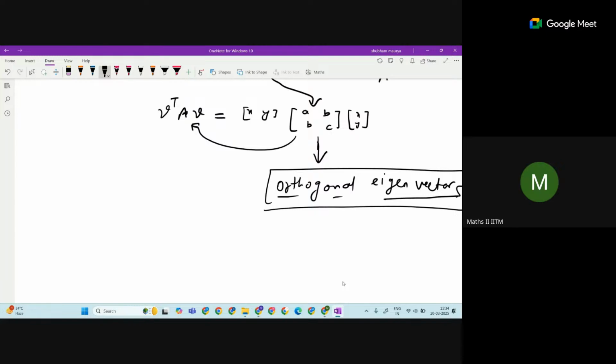Many of you are also not able to find the left null space. And very few people have solved the least squares problem, the only problem on least squares, given in matrix form itself. Just do A transpose A x equals A transpose b, and solve the system of linear equations, which is 2 cross 2.